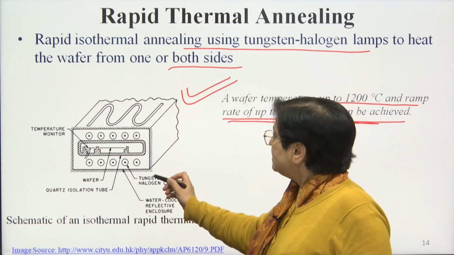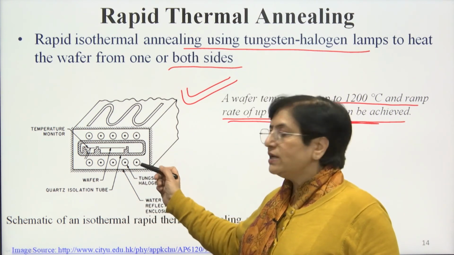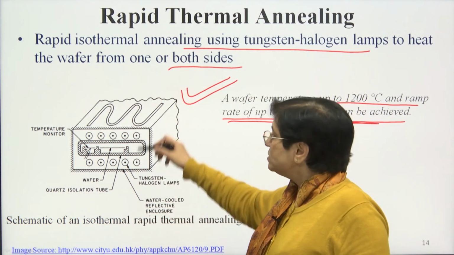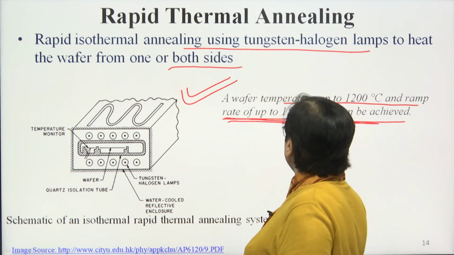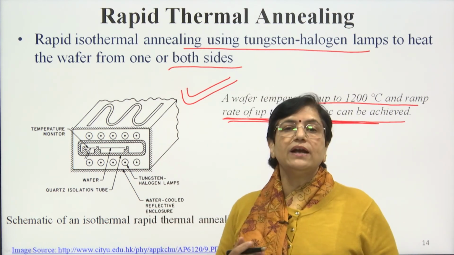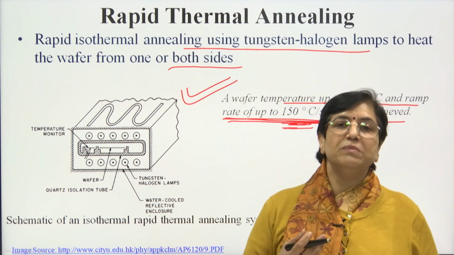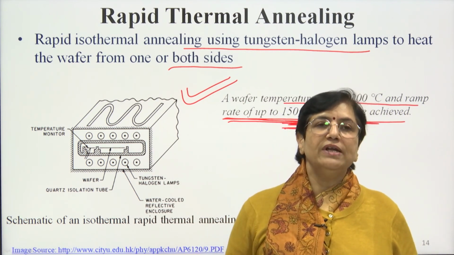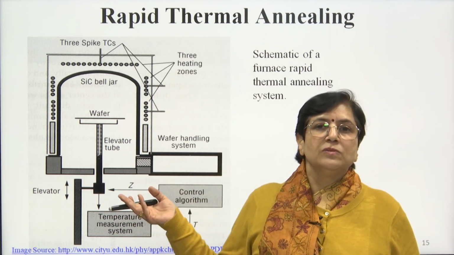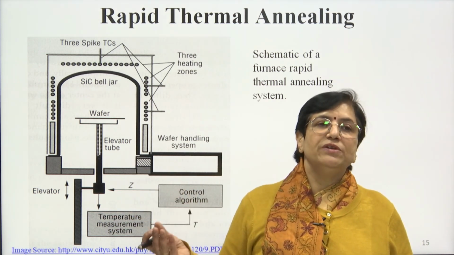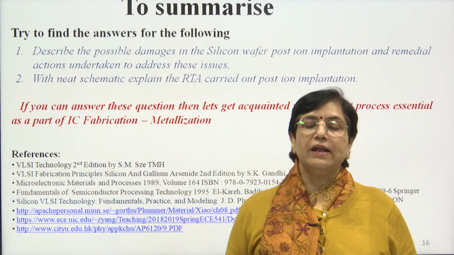This is the furnace where we use tungsten halogen lamps, and both-side heating is possible. The main advantage of this system is that the rate at which the temperature can be elevated is much better as compared to the furnace, because there are more controls involved in the furnace. So furnace handling is much more difficult as compared to rapid thermal annealing.